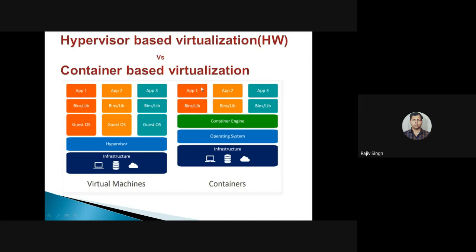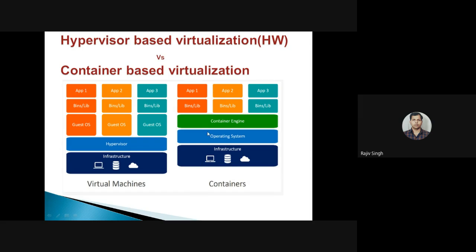And on the right side, you can see the example of the container. The basic difference is that on the bare metal, an operating system gets installed. In place of the hypervisor, the operating system is installed directly on the bare metal.